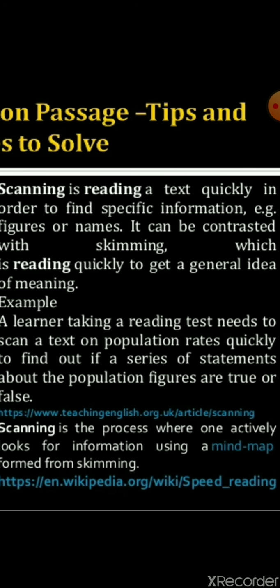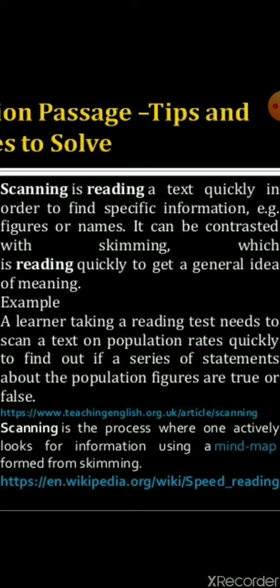Come to the scanning now. Scanning is reading a text quickly in order to find some specific information. For example, figures or names. This is the time when you start underlining or encircling the basic facts of the passage. It can be contrasted with skimming, which is reading quickly to get a general idea of meaning. For example, a learner taking a reading test needs to scan a text on population rates quickly to find out if a series of statements about the population figures are true or false.